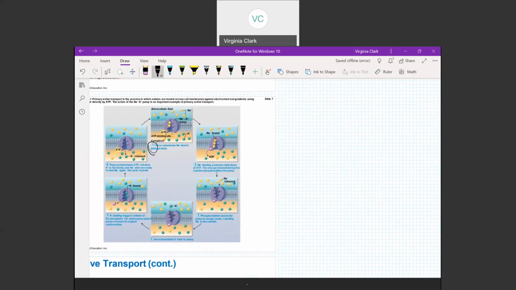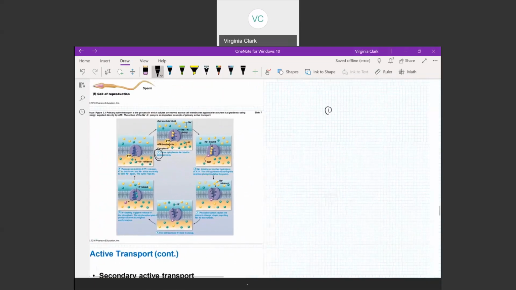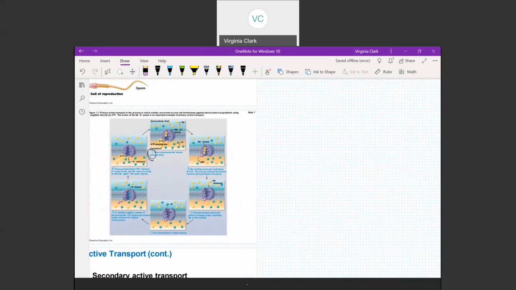When you start with your sodium-potassium pump, let me draw my picture, blow it up. So this is going to be the sodium-potassium pump. The first thing is we have our plasma membrane, and this plasma membrane is going to have a carrier protein.